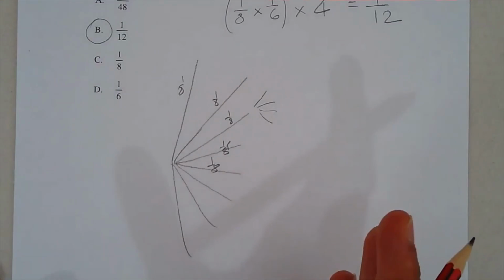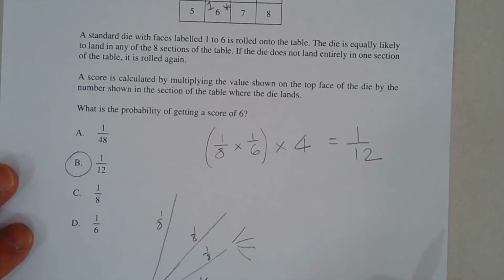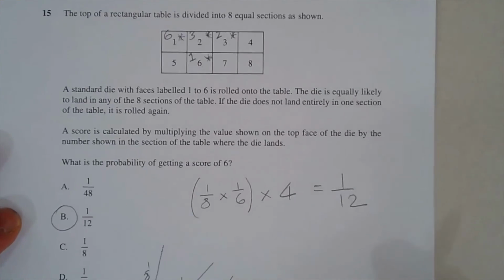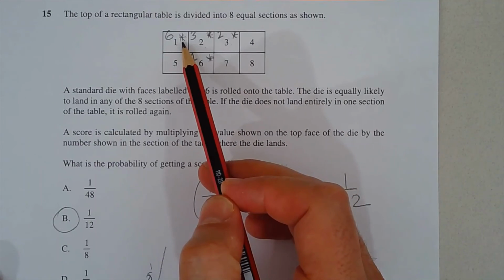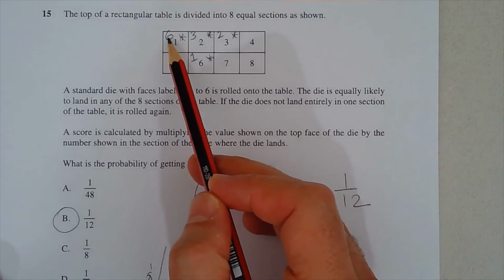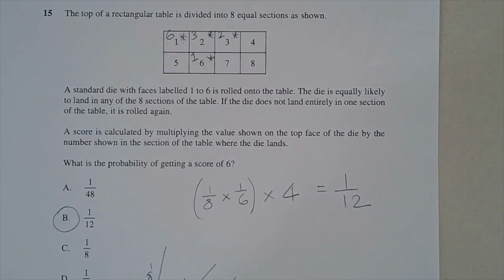You could probably do it, and there's enough space on this page to do the tree diagram. But I think it's far easier to think of it as a compound event, where you know the probability of landing on a square, and you also know the probability of rolling a particular number, and the two outcomes are multiplied together to give you the probability of that particular event.